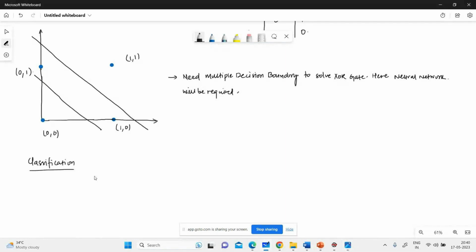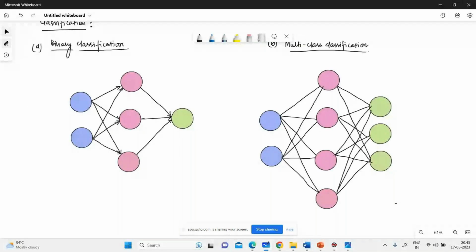First one is binary class classification, which will have only two outputs, and the second is multi-class classification. So we have binary class classification and multi-class classification. Okay, that's how my binary class and multi-class are connected.